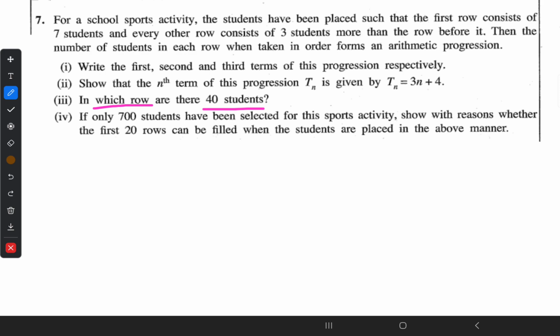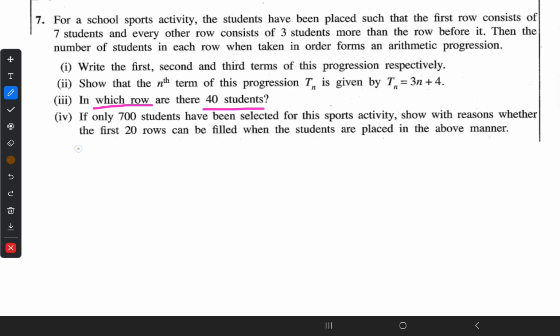We have to show whether that's possible or not. So what do we need to find? We have to find how many students are in the first 20 rows.